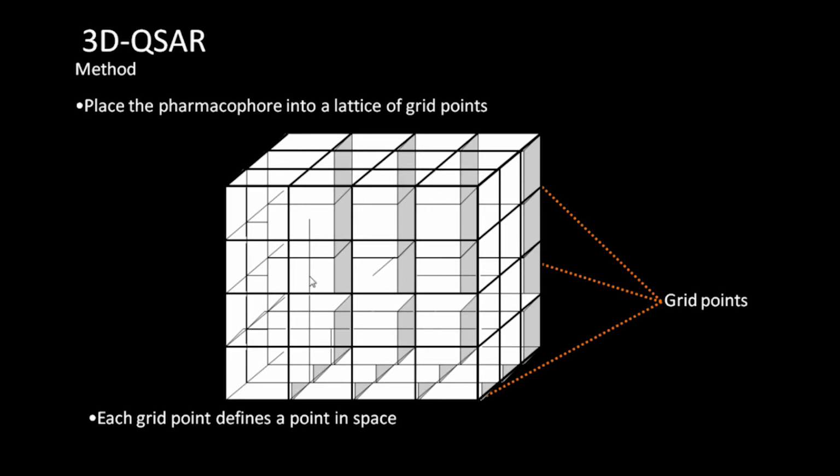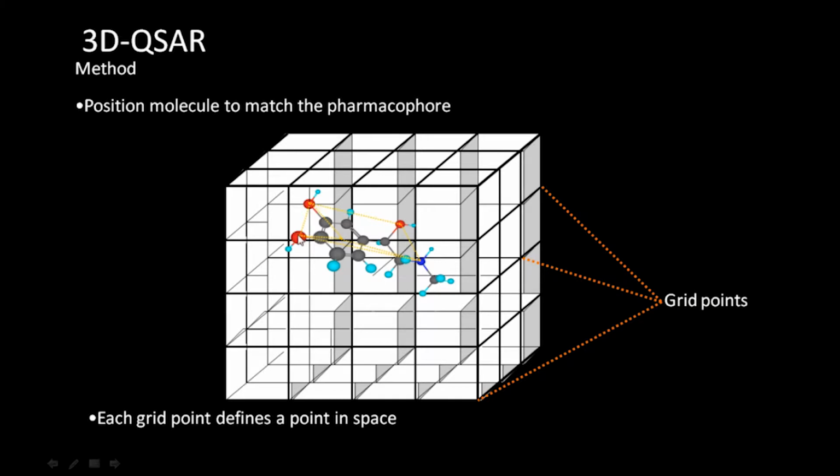You position the molecule to match the pharmacophore, so that the pharmacophores are matched exactly on some grid points.